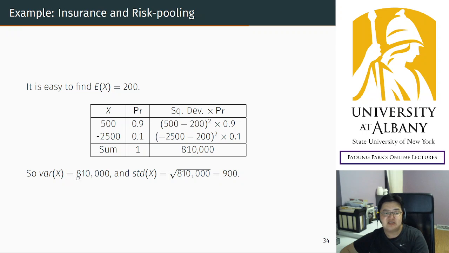So the variance is 810,000, and the standard deviation is the square root, which is simply 900. I made up numbers so that the resulting numbers are simple. By the way, if you do not understand how we get this column, then please review chapter 4, where I explain how to calculate the variance.